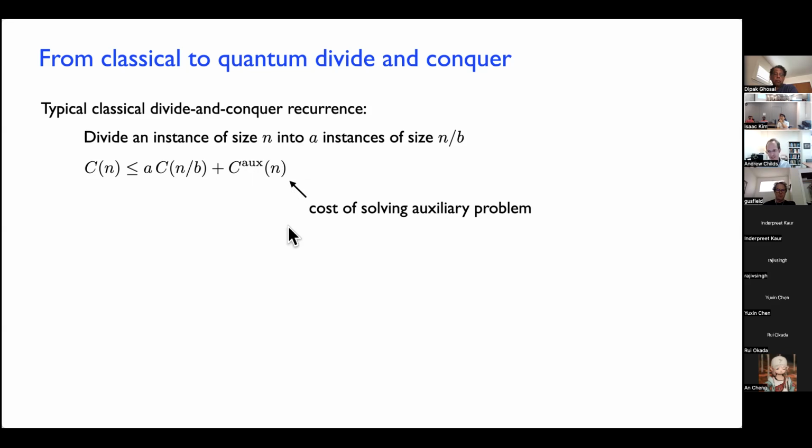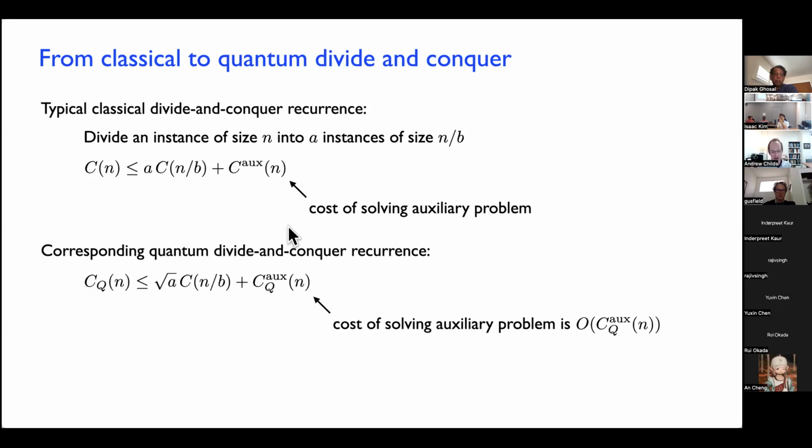So what we would like is to have something like this, where if we do this on a quantum computer, we get to put a square root on the A. And I'm sorry, this should be C_Q. So we would like to get this advantage of having a square root of A instead of just A. And the other thing we can take advantage of is that when we have to do some auxiliary work to combine the solutions of the subproblems, we can use quantum algorithms.